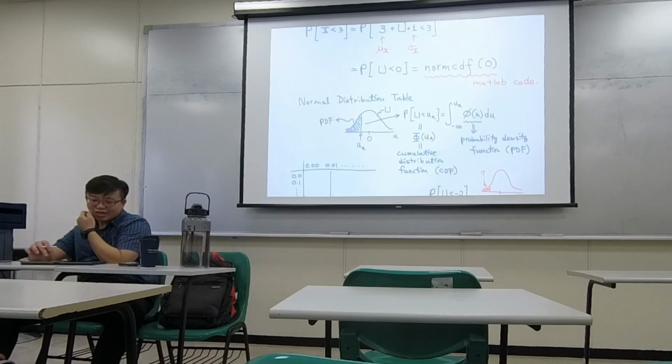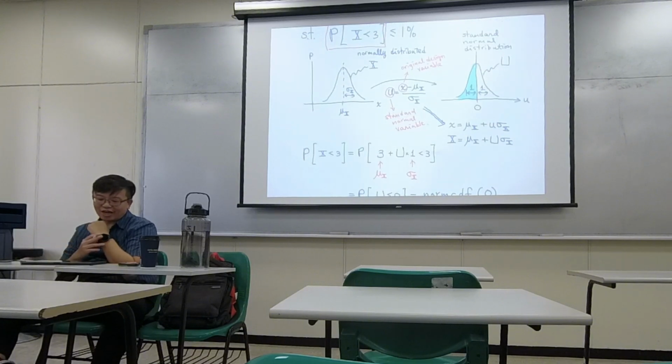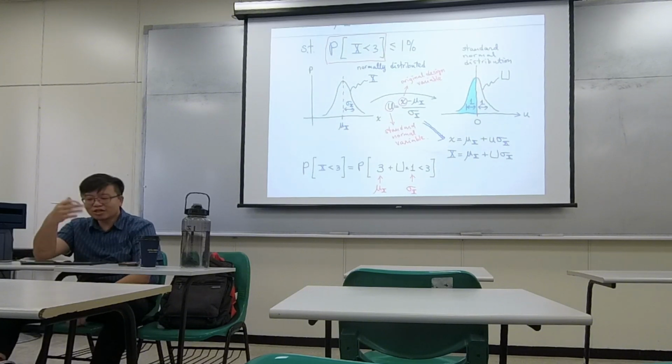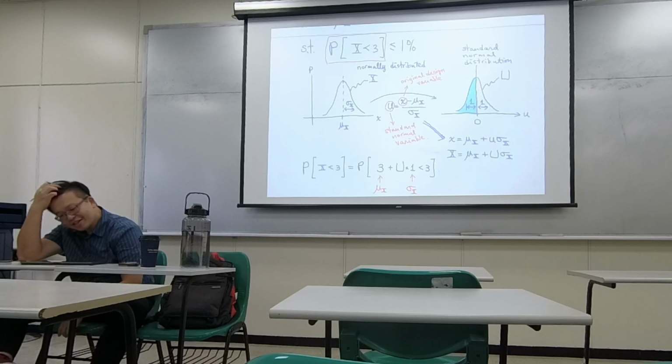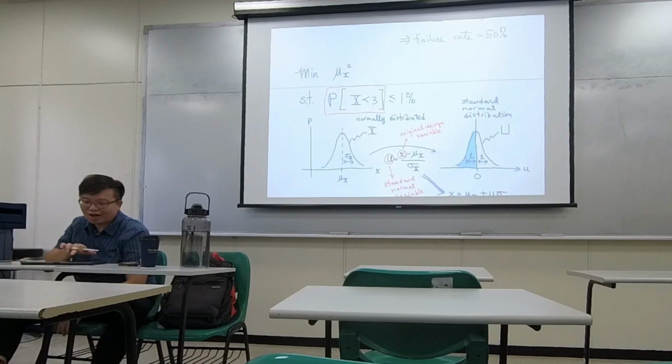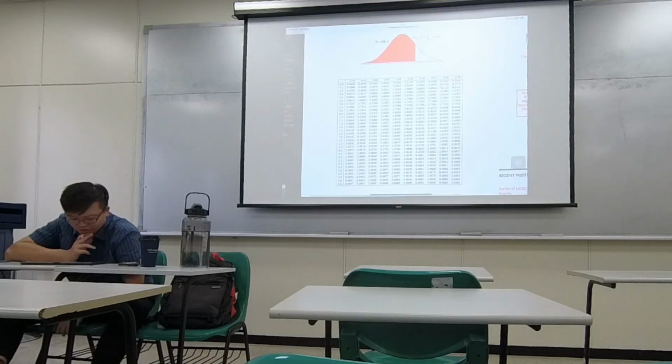So let's figure out how to get what we want. How do we get 1% of our safety allowable failure rate? 1% means I need the success rate to be 99%. Let me try with 90%. From this table, I will try to find a value that is the closest to 90%.